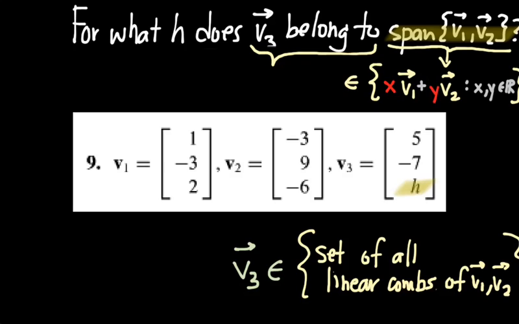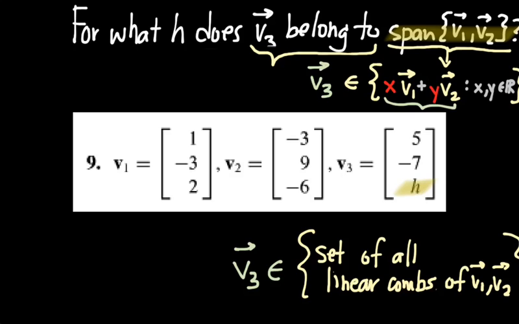There has to be some number, x and y, that multiplies by V1 and V2, that will give you V3. Exactly. If V3 belongs to the set consisting of all linear combinations of V1 and V2, that must mean that V3 is one of these. That V3 is a linear combination of V1 and V2. In other words, that there exists an x and a y such that V3 is equal to x times V1 plus y times V2.